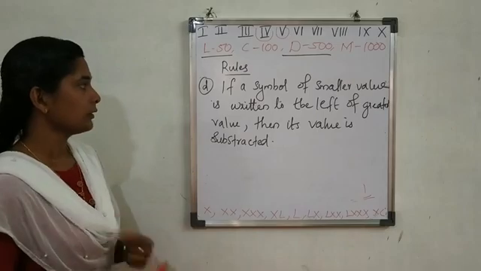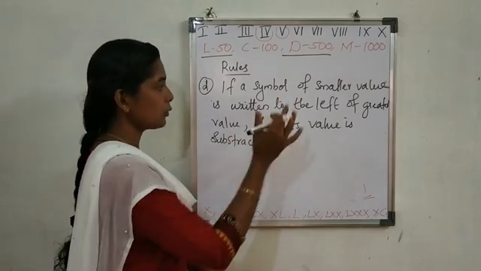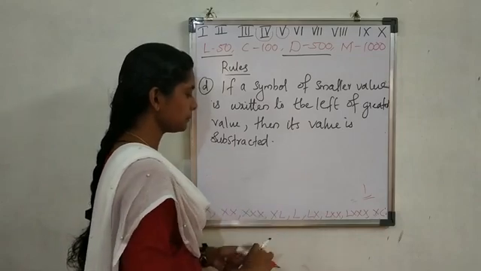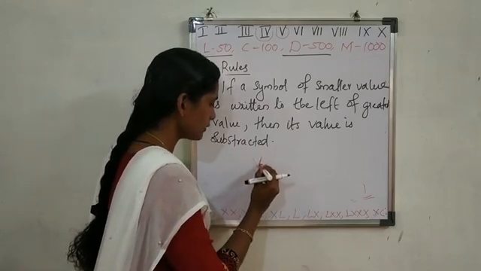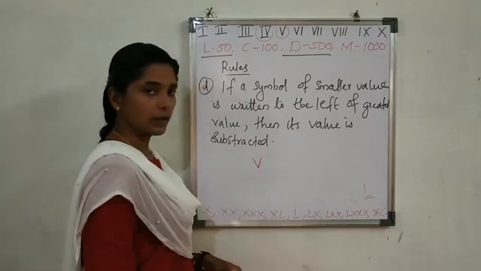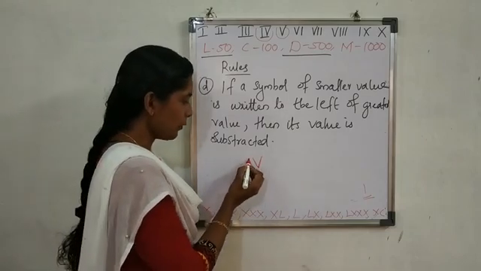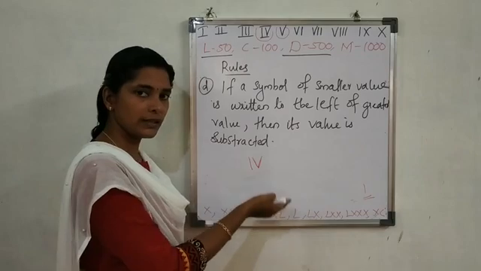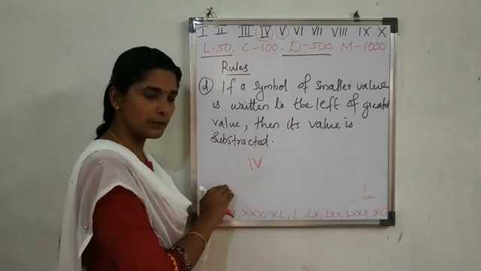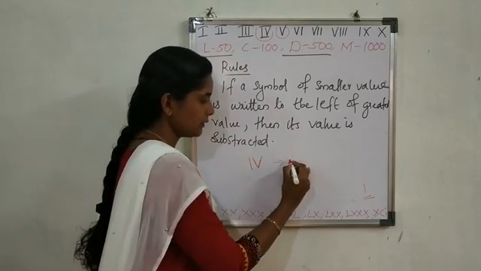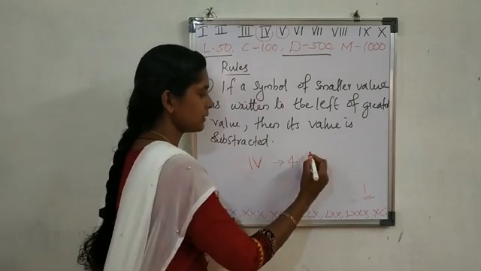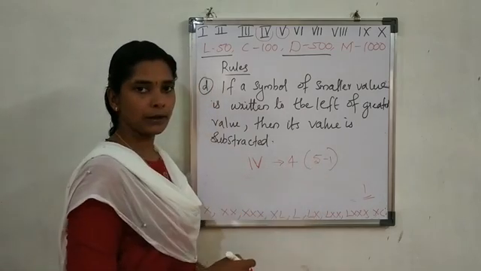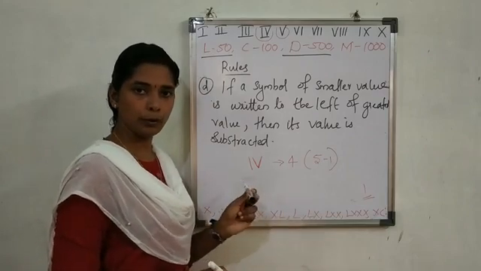When a symbol of smaller value is added to the left side, we can take, for example, this 5. I just add 1, the smallest one, to the left side of this 5. Then what is this? This is 4. That means 1 is subtracted from this 5. 5 minus 1, 4.